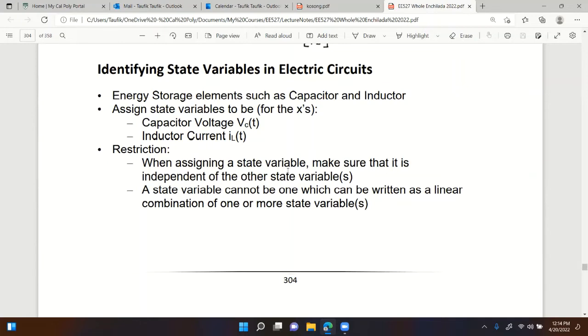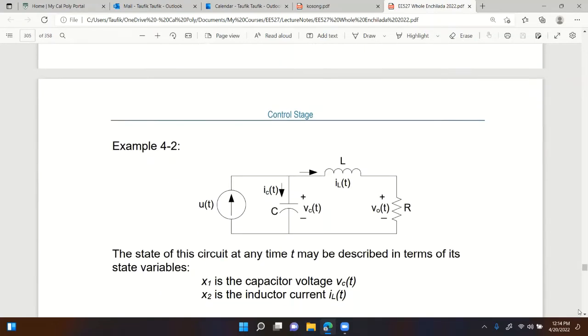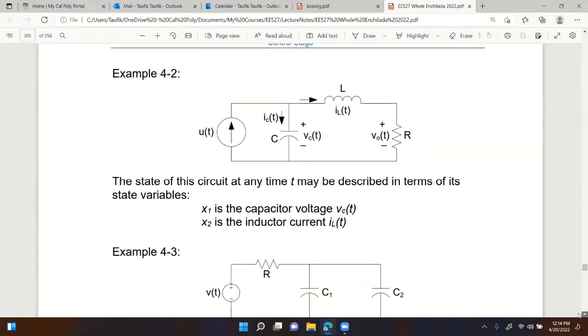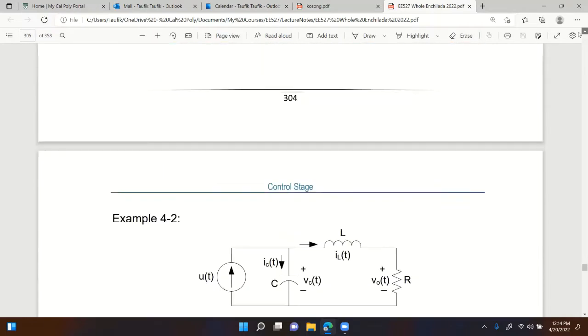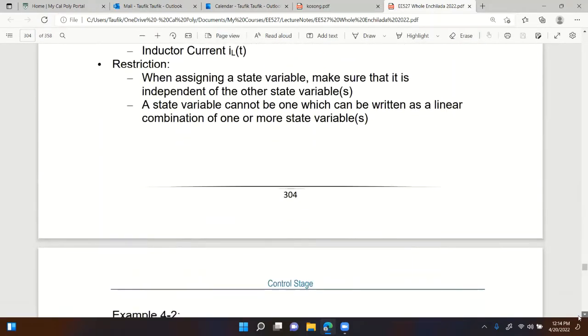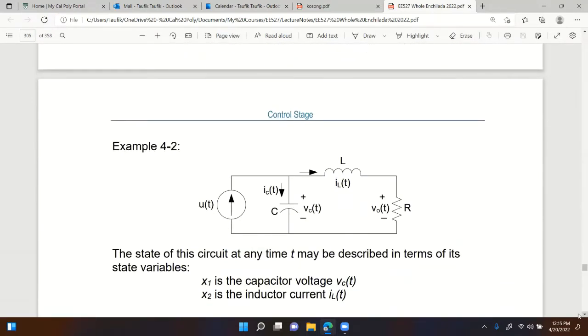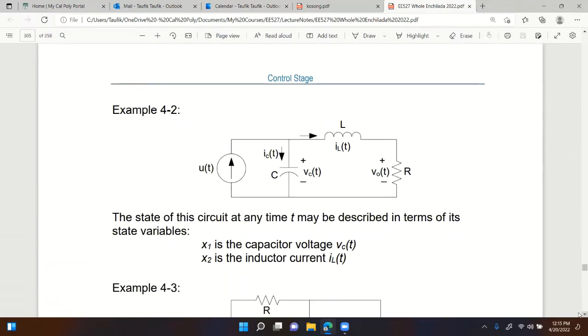And when assigning a state variable, make sure that it is independent of the other state variables. An example would be this first one. It basically means that state variables cannot be linearly dependent on one another, right? Like this one right here, L, IL, and VC, they're not dependent on each other.